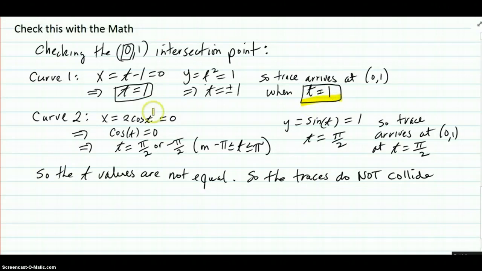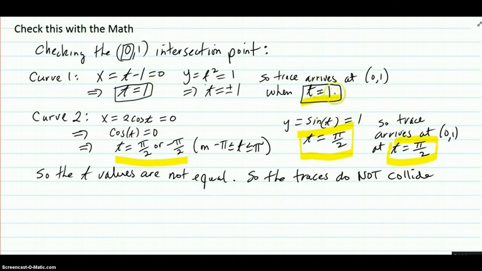Okay, and then similarly, doing curve 2, setting up the x equal to 0 and the y equal to 1, we find that you have t equals pi over 2 or negative pi over 2, but over on this one, only pi over 2, and that solves that. So it's pi over 2, and that does not match up with 1.